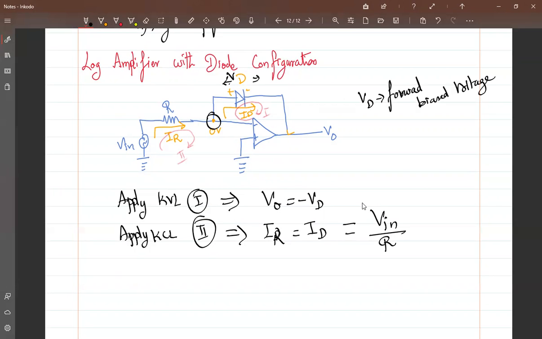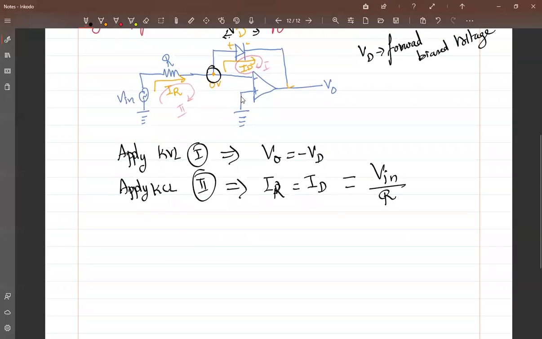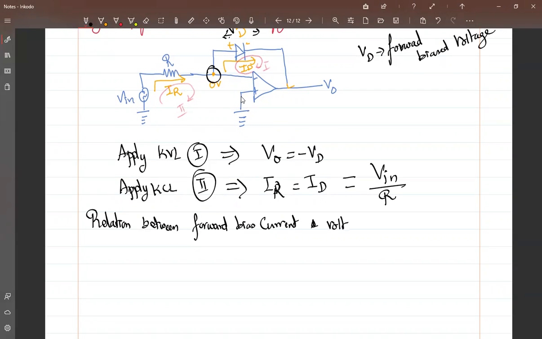Similarly, the relationship between the forward bias current of the diode and the voltage of the diode is given as, I think you know this equation.